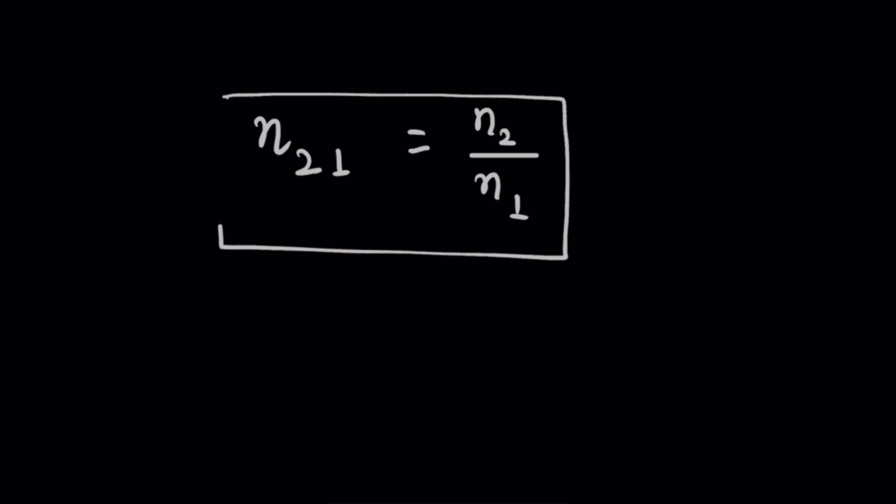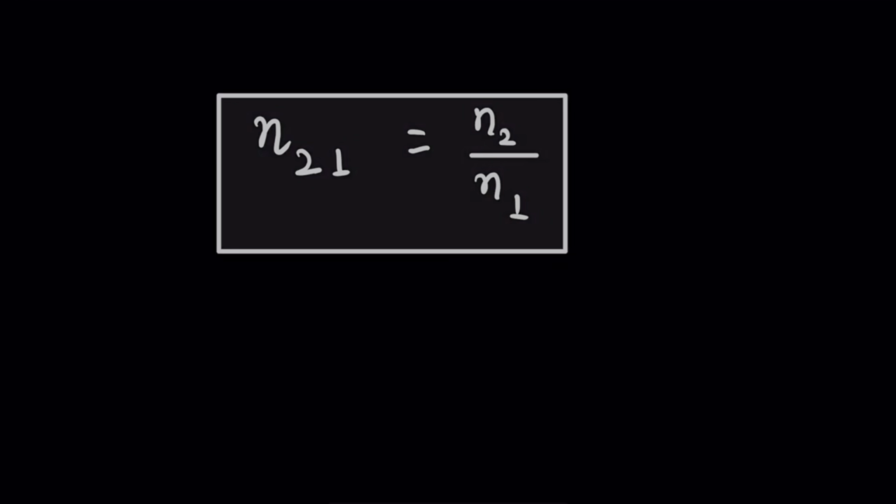Second formula is n21 is equal to n2 by n1. Here n1 and n2 are absolute refractive indices.